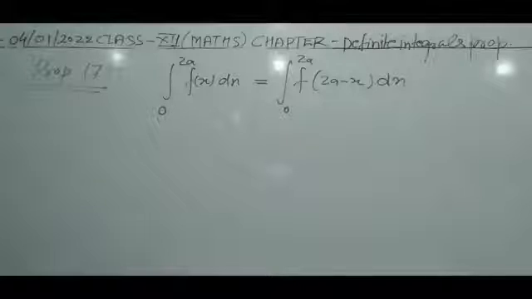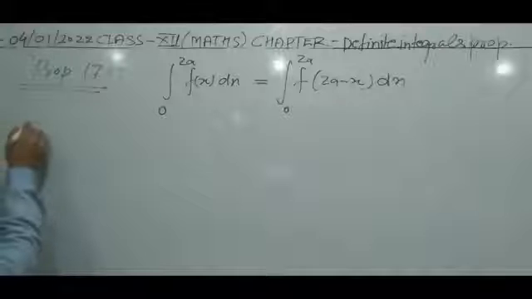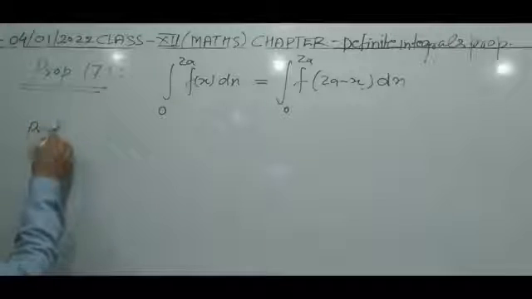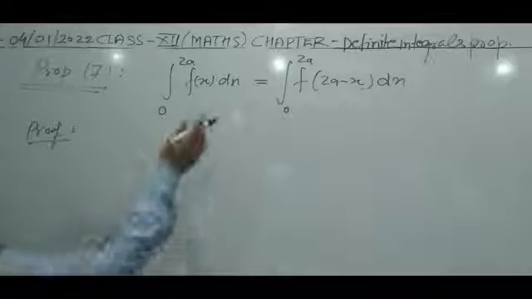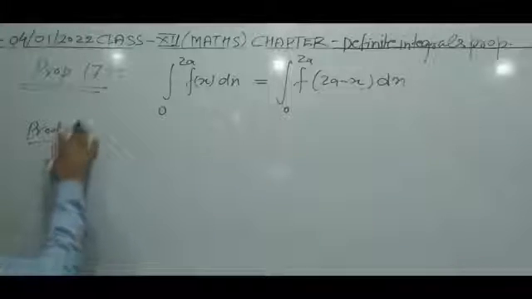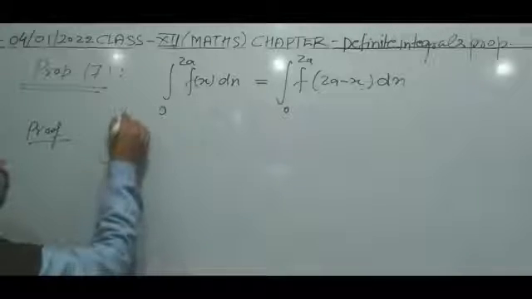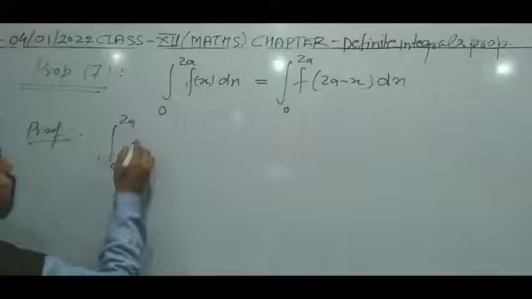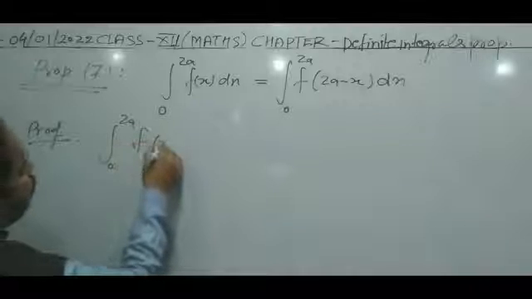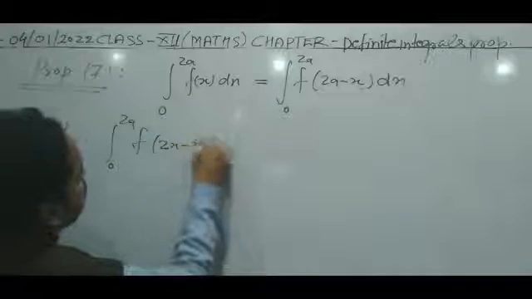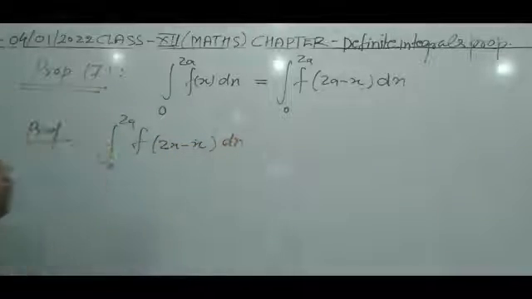Now what we can write? See its proof. I'm going to solve from the right hand side. So RHS is integration of f of (2a minus x) dx.